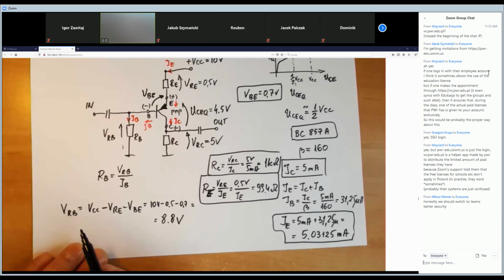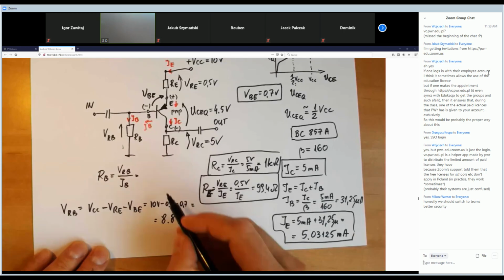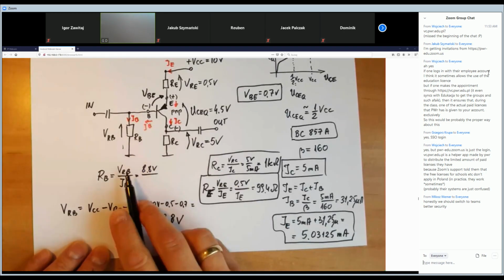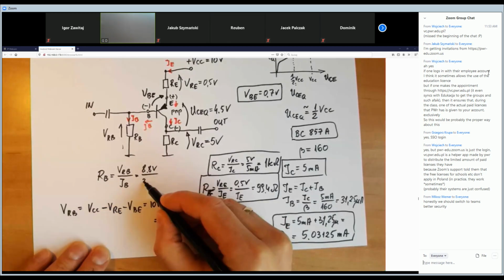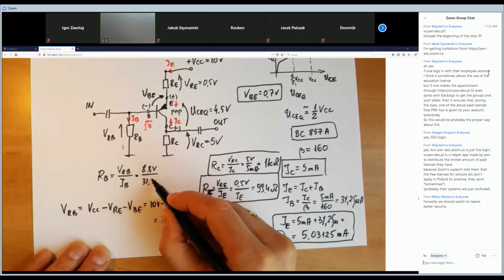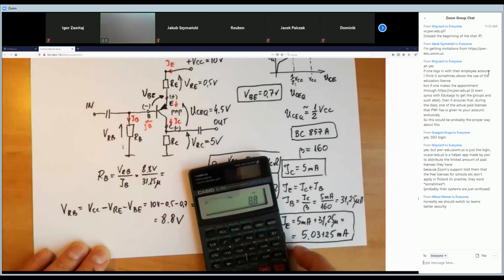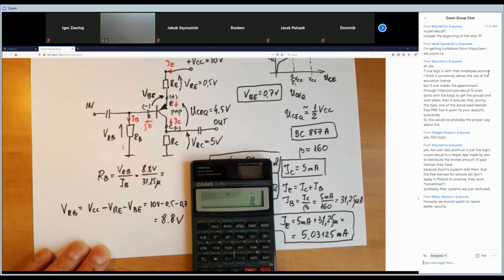So let's substitute this value. 8.8 volts over IB, 31.25 microamperes. How many is it? 8.8 over 31.25 micro.